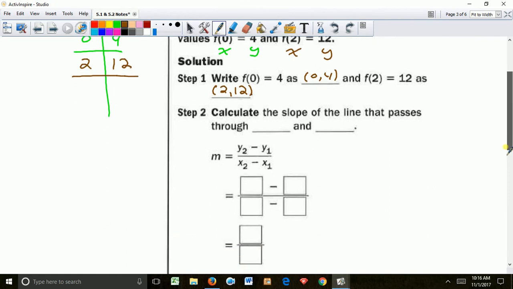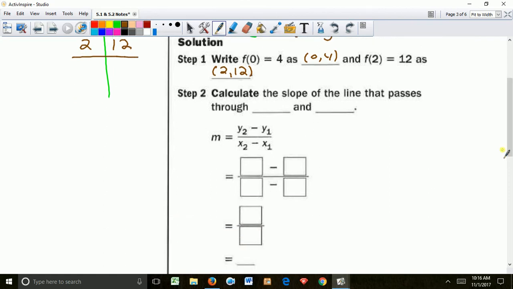Next you want to calculate the slope of the line that passes through those points, 0, 4, and 2, 12. So in this particular case you can make the point 2, 12, x2, y2. And the point 0, 4, x1, y1.